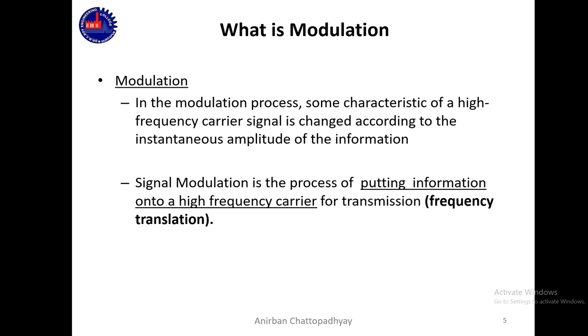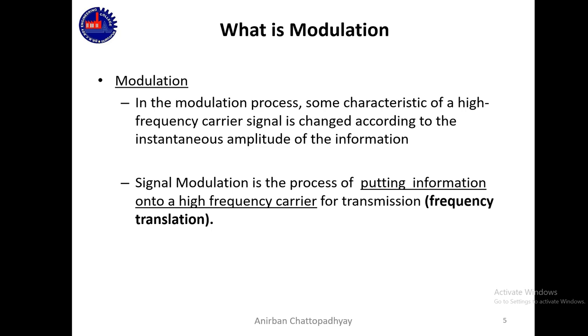For modulation we also need another signal, known as the carrier signal. Always remember, the carrier signal must be high frequency compared to the message signal. In modulation, some characteristic of this high frequency carrier signal is varied according to the instantaneous amplitude of the message signal.